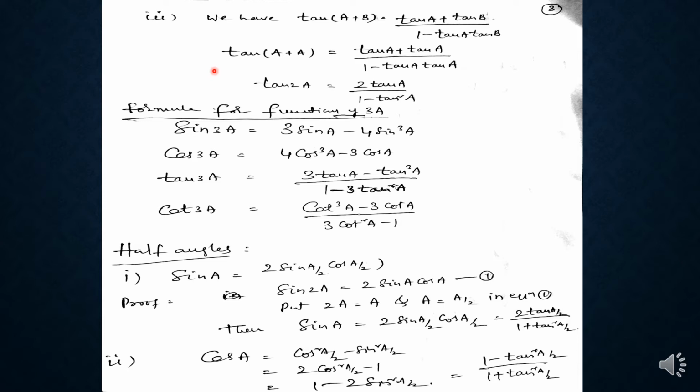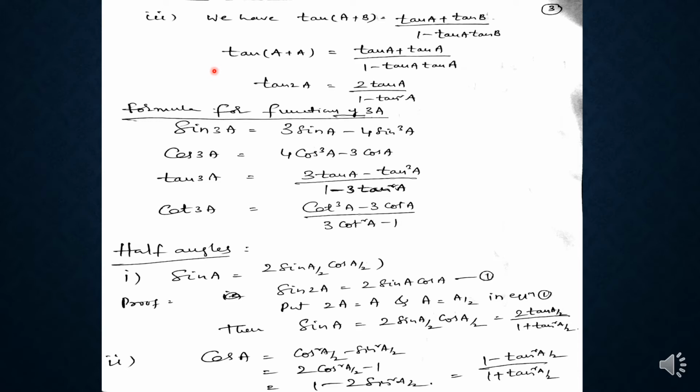That is 2 cos square A minus 1. What is cos 2A in terms of sin A? 1 minus 2 sin square A. What is cos 2A in terms of tan A? That is 1 minus tan square A by 1 plus tan square A.